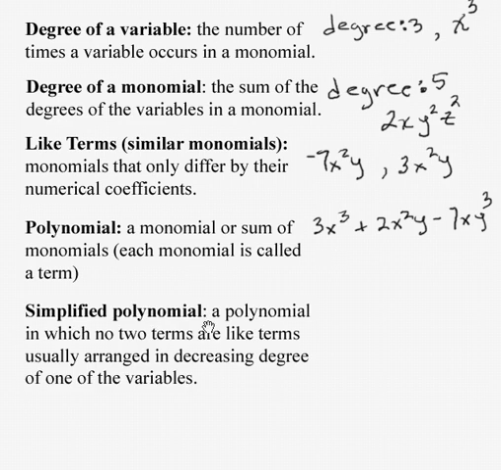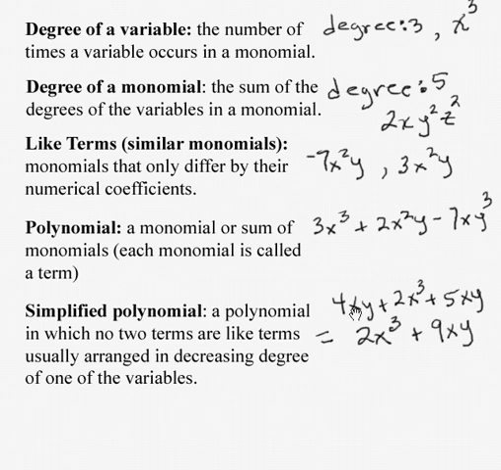A polynomial is simplified when no two terms are like terms, and we usually arrange them in decreasing degree of one of the variables, and usually in alphabetical order, but not always. So if we have two variables x and y, typically we will say we've got 4xy plus 2x cubed plus 5xy.